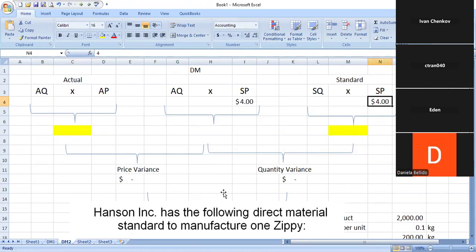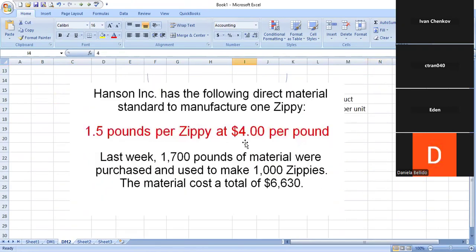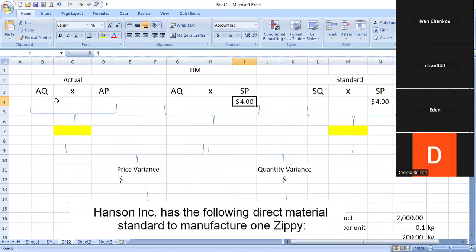We're going to get the standard price. And the standard price is going to apply on the right side, on the standard, and in the middle. Next one. Last week, 1,700 pounds of material were purchased and used to make 1,000 zippies. So what do you have? The actual quantity. Well, let's get the actual quantity: 1,700 pounds.